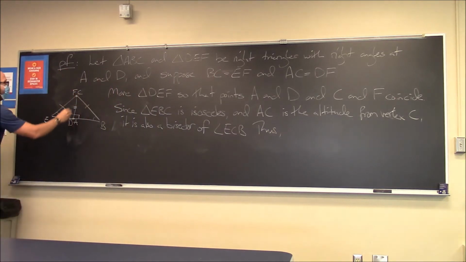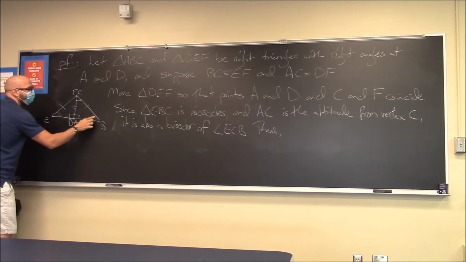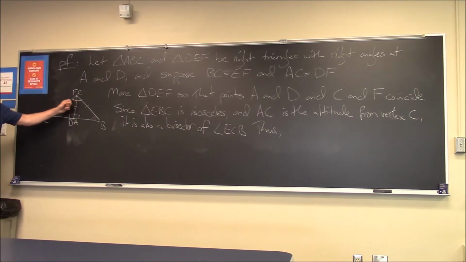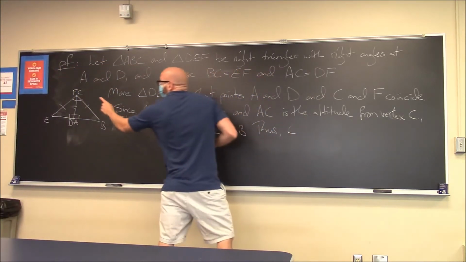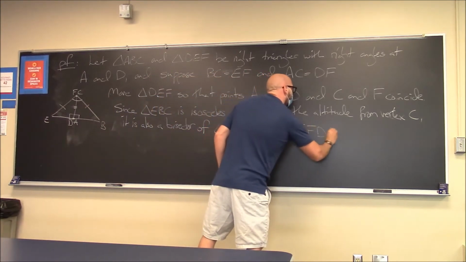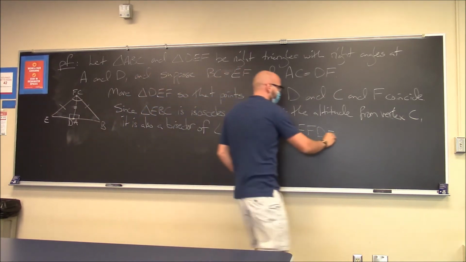Right? What does that mean? That means that these two angles here are congruent, because they're both just half of this original angle. Right? So thus, angle EFD is equal in measure to this angle BCA.